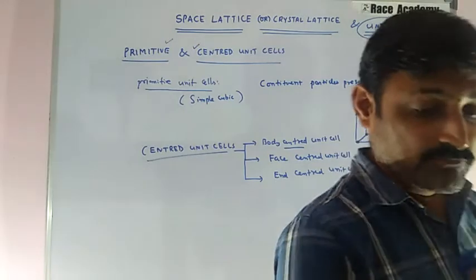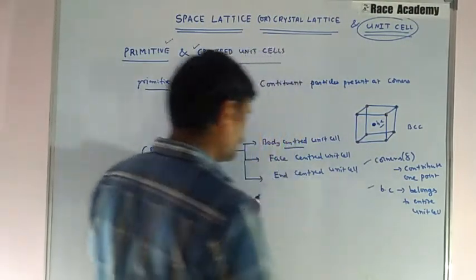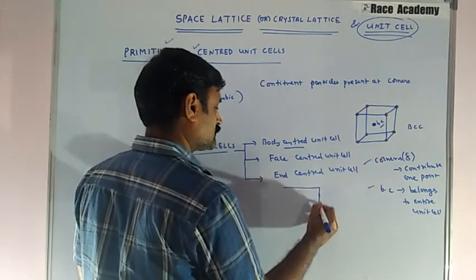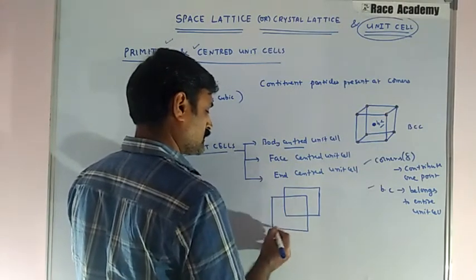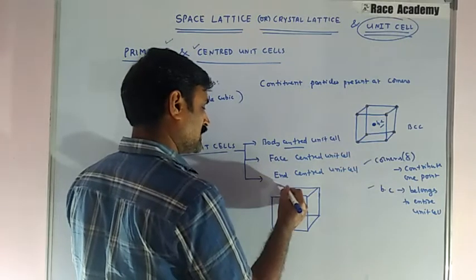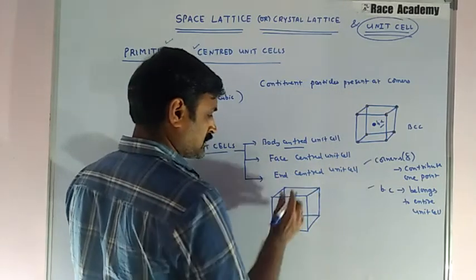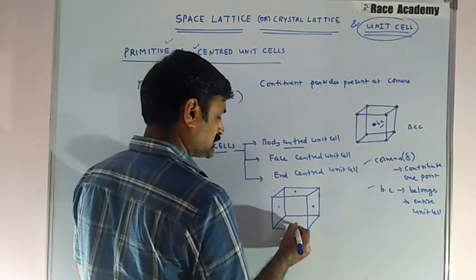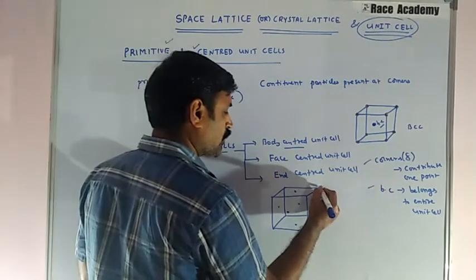Second kind: face centered. When you write a cube like this, on each and every face, assume 1 point in addition to the corners.